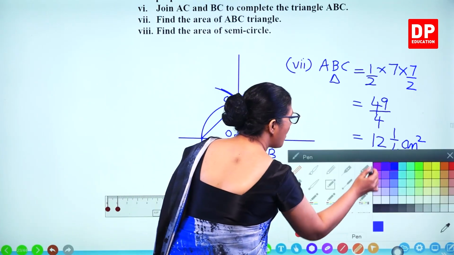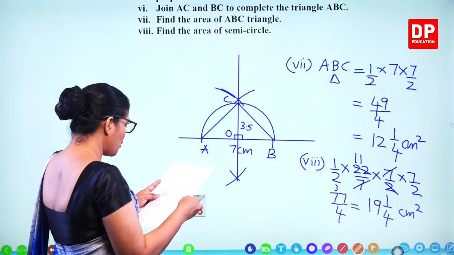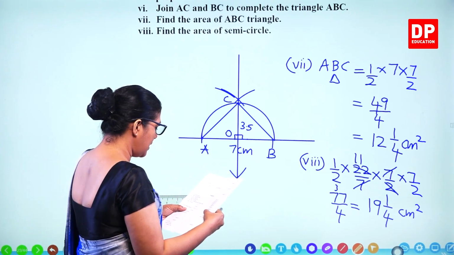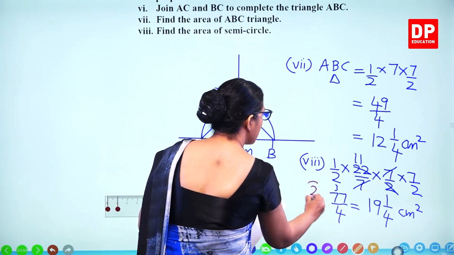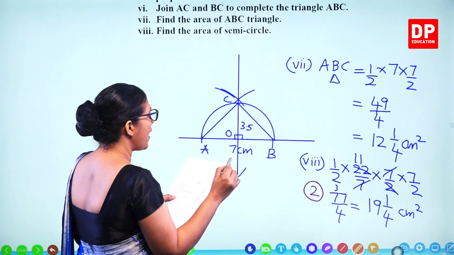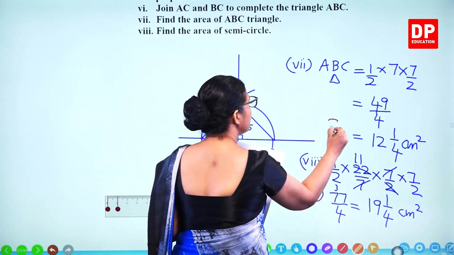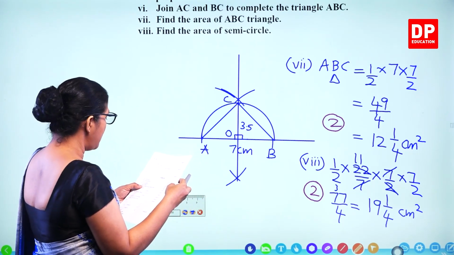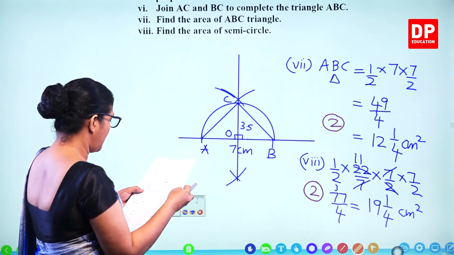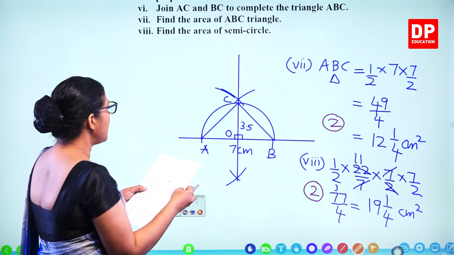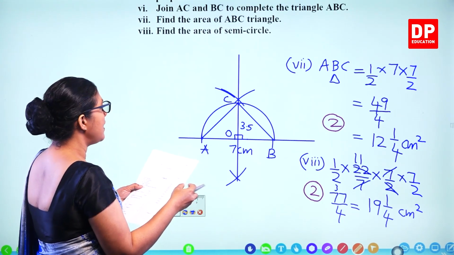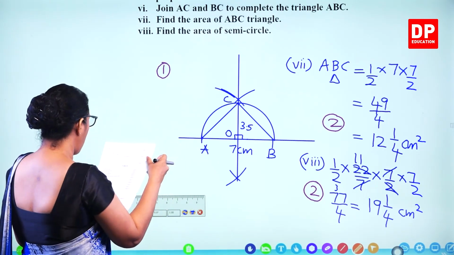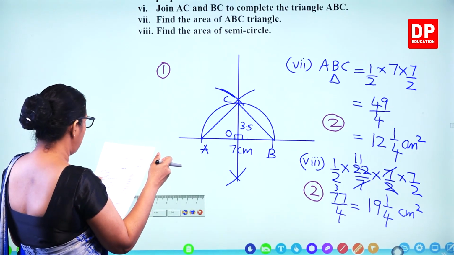Now let's see how many marks for this. You get 2 marks for finding the area of the semicircle, and the area of the triangle, 2 marks. And for connecting the AC line and BC line and drawing the triangle, just 1 mark.